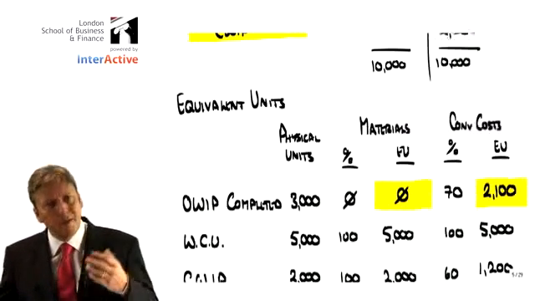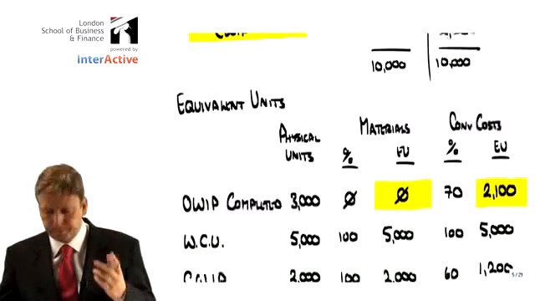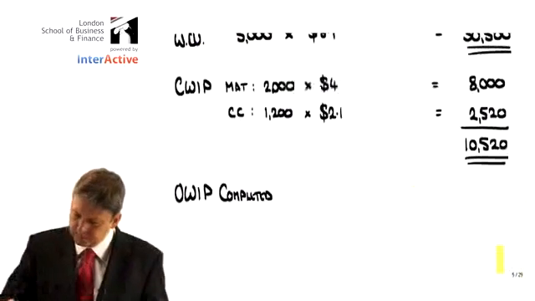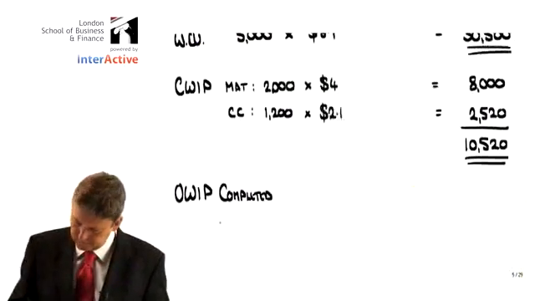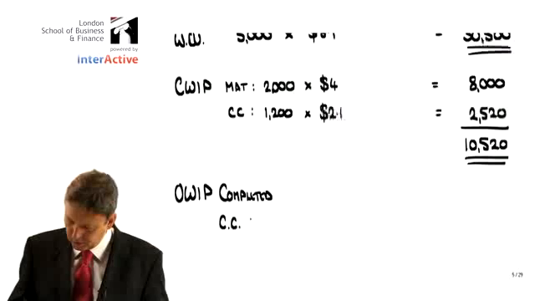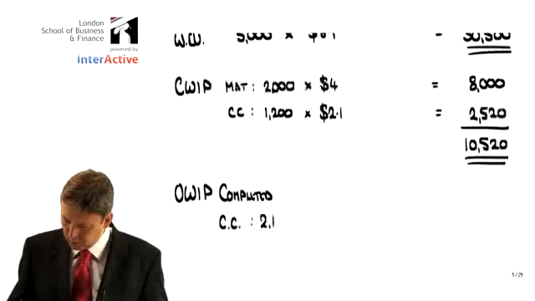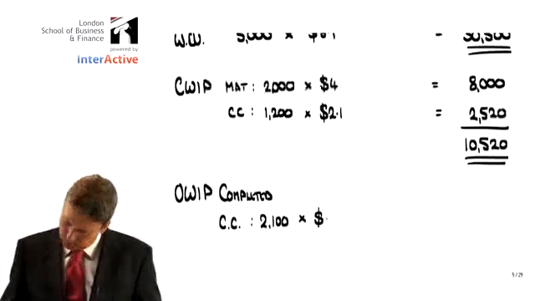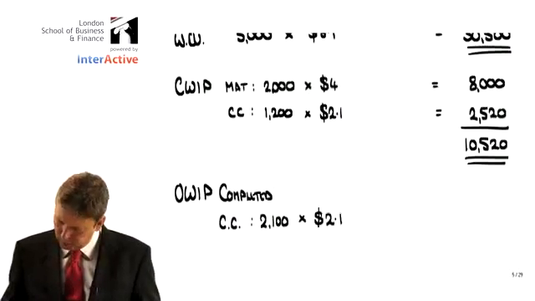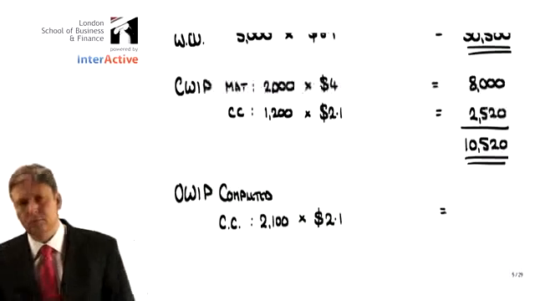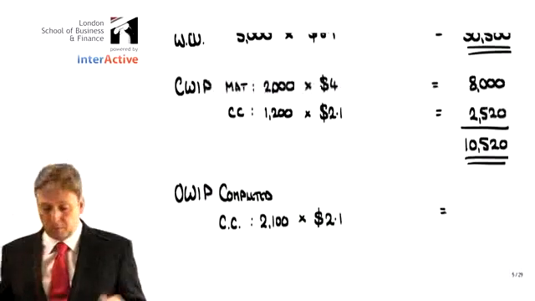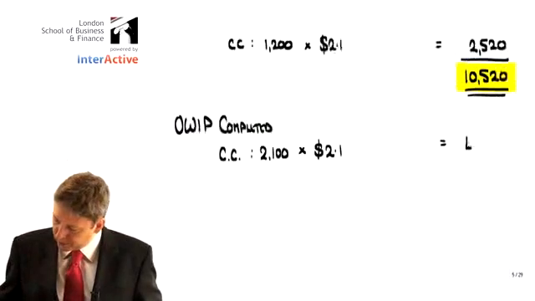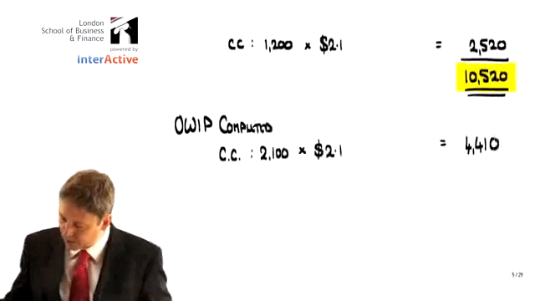So, when we value up our OWIP, we include those 2,100 units. Conversion costs, 2,100. And the cost per equivalent unit, what was it? 2.1. Okay, so what we got here, we look at our conversion costs. We have $4,410.